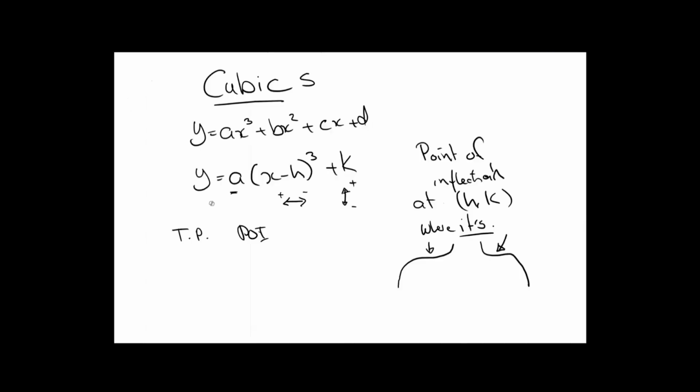Right, before we do that though, there is another form of cubic that you need to know, and it's going to be in this form here. y equals a(x minus p)(x minus q)(x minus r). And this is our root intercept form.